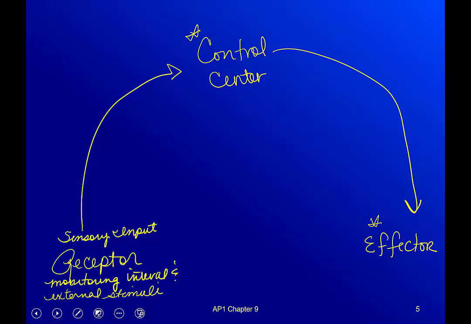So integration is up here, okay? Just like this was sensory input, integration, okay? So what is it?